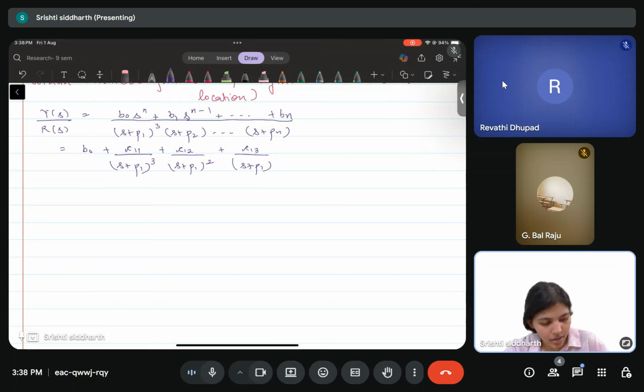We have already seen this when we were discussing the partial fraction expansion for repeated poles. Then the rest of the eigenvalues are distinct, so it's simply c2 over s plus p2, cn over s plus pn.